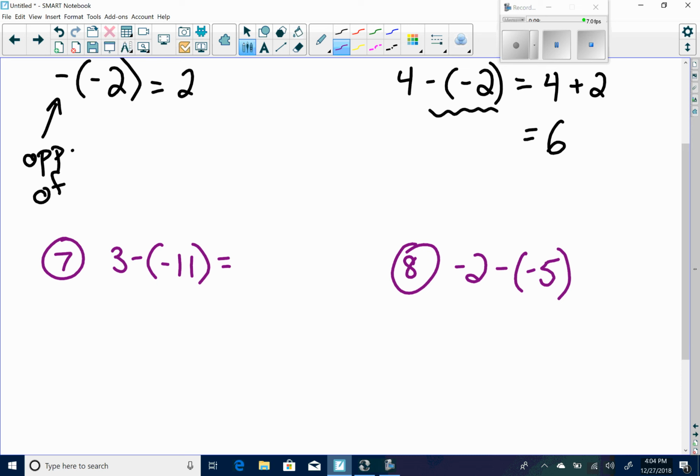So when we look at 3 minus a negative 11, again, this 3 is positive, but the opposite of a negative 11 becomes a positive 11, and 3 plus 11, now they're both positive, will give us 14. In example 8, that 2 is negative. There's nothing that's going to change this here, so it's still a negative 2, but now the opposite of a negative 5 will become a positive 5.